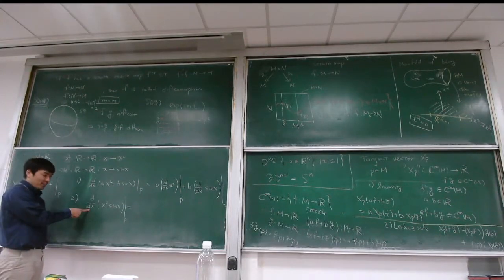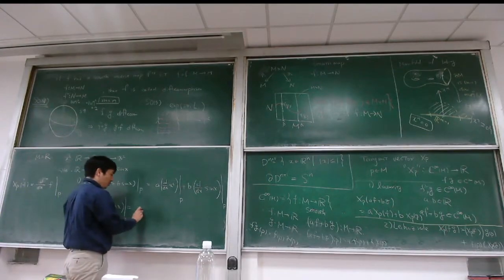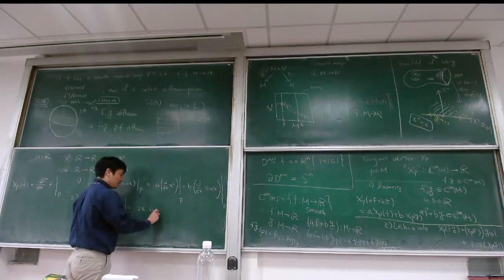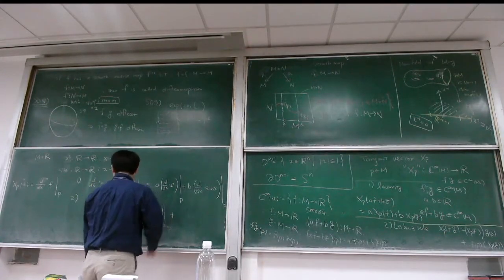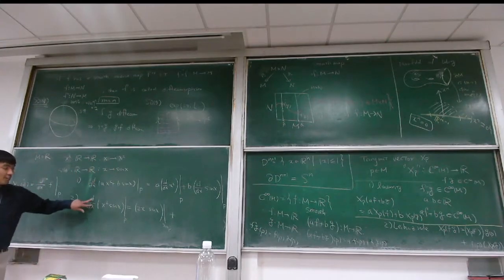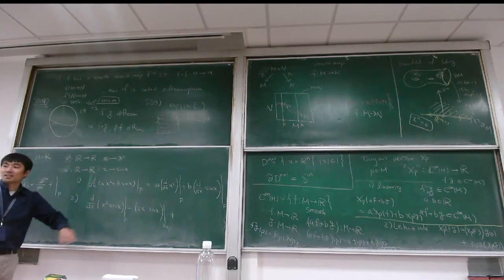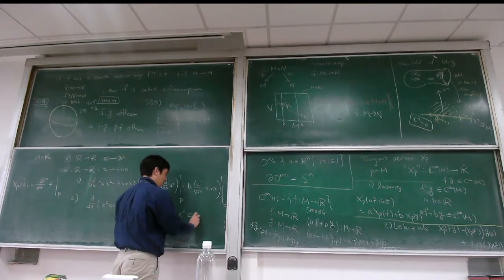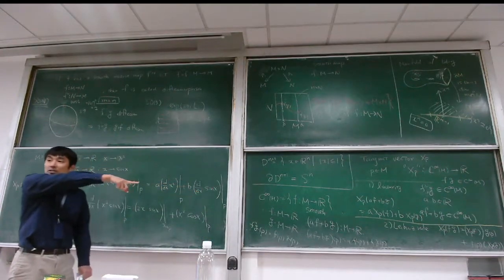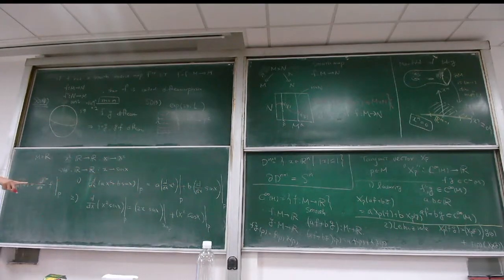You apply d/dx on x squared first, giving 2x sine x at x equal to p, plus x squared times d/dx of sine x, which is cosine x. So the Leibniz rule is satisfied. Do you understand?